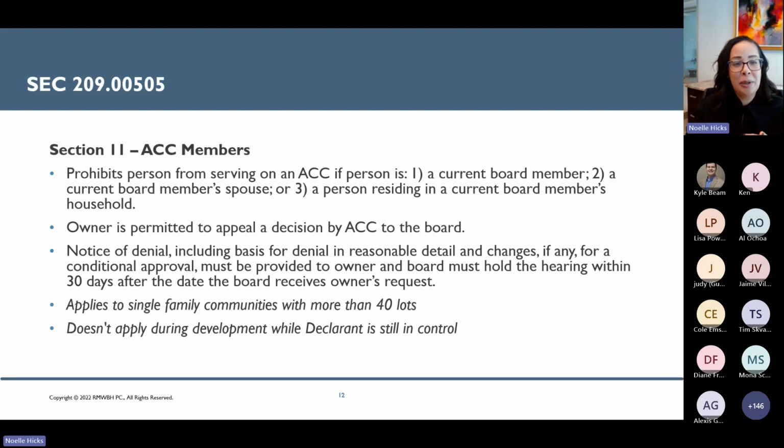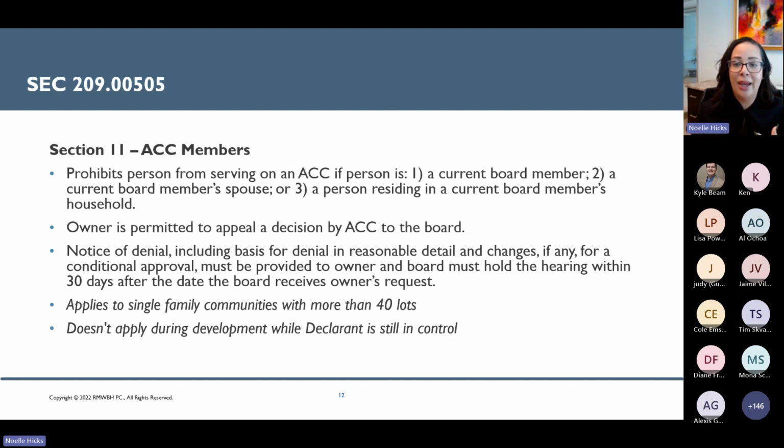All right, so I talked a little bit about the property code, but I think we all know, and we've talked about this a lot before, that previously it wasn't uncommon for the POA's board of directors to actually also serve as a member of the ACC. But that's all changed since 2021 because the property code was amended, and now there's a call for separation between the board of directors and the ACC for single family POAs.